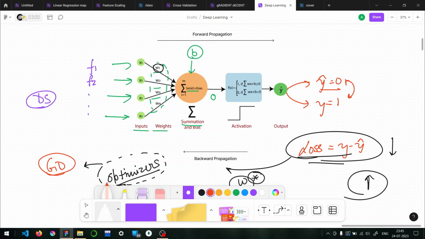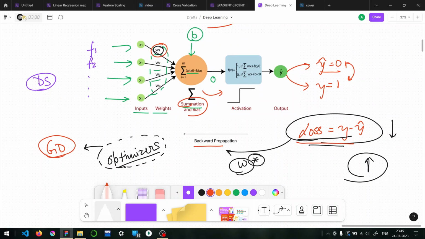So what is the forward propagation? Like we got some features, then we assigned some certain weights to it, and then we use the summation function, and then we pass that into the activation function. And after that, we got our output, right? And what is back propagation? After getting the output, we calculated our loss, and after that, we use optimization algorithms like gradient descent in order to update our weights.